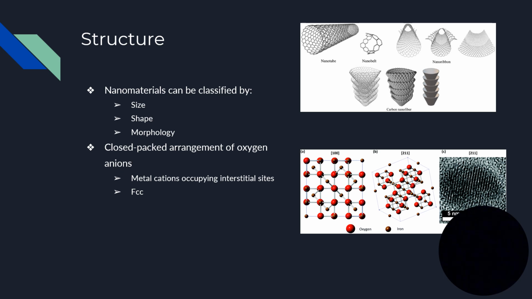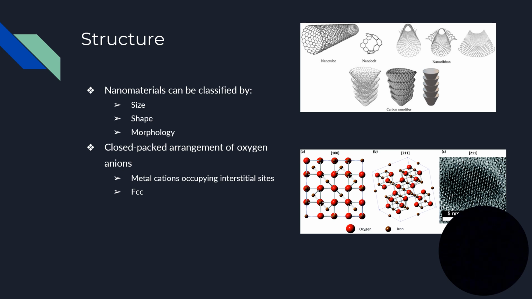The structure of the actual metal oxide nanoparticles is based on a close-packed arrangement of oxygen anions, with metal cations occupying the sites in between. These are close-packed arrays, usually the face-centered cubic, the FCC, or hexagonal close-packed, and both can accommodate small metal cations in octahedral and tetrahedral sites.